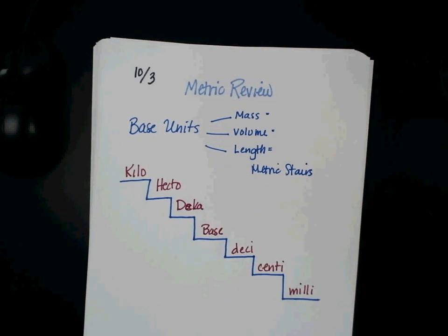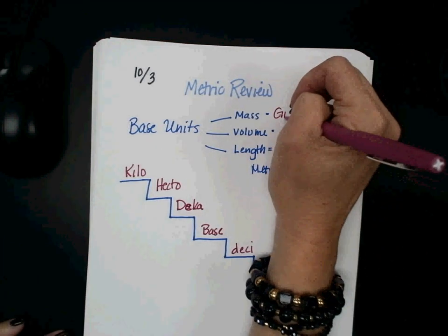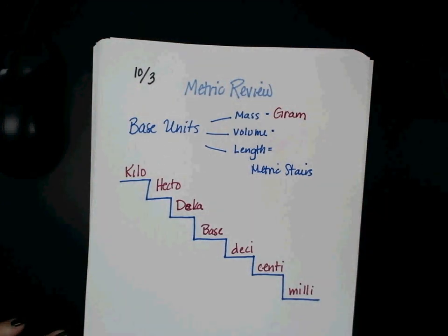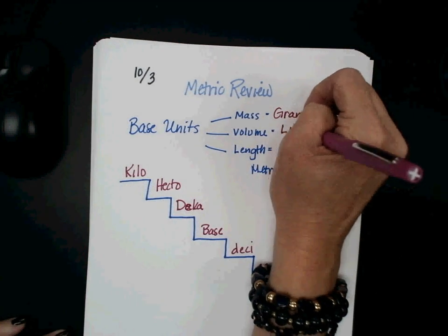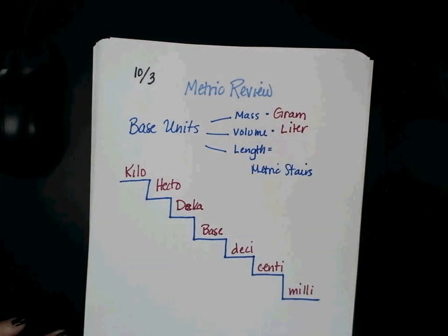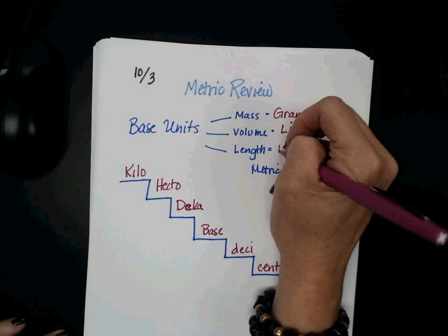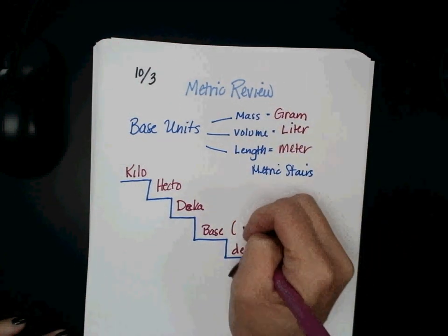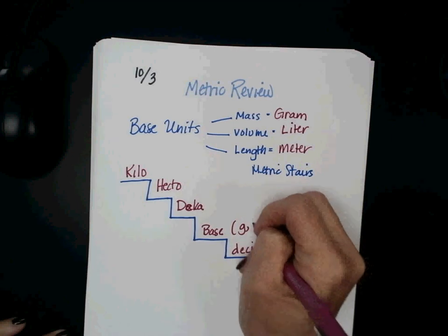Okay, so now you know that one. Gram. Anybody know the one for volume? Liter, good. And how about for length? Meter, good. So let's put those in there. Gram, liter, meter.